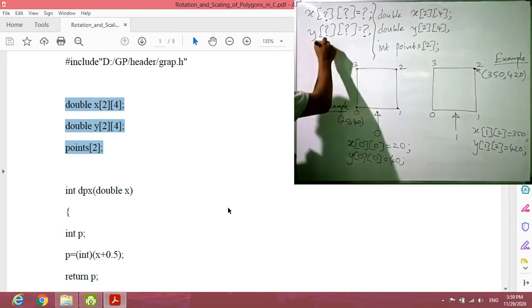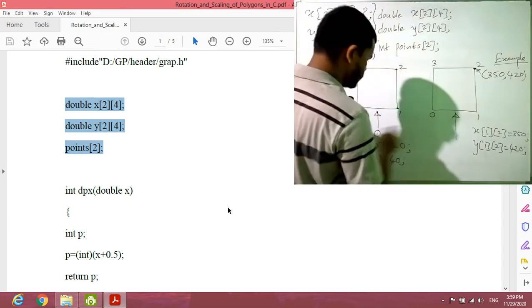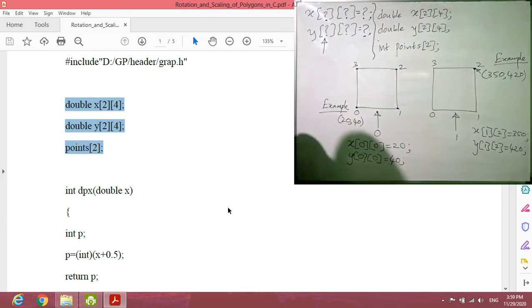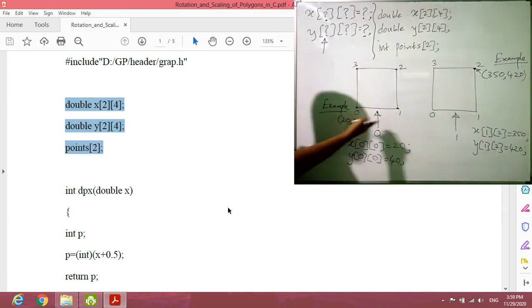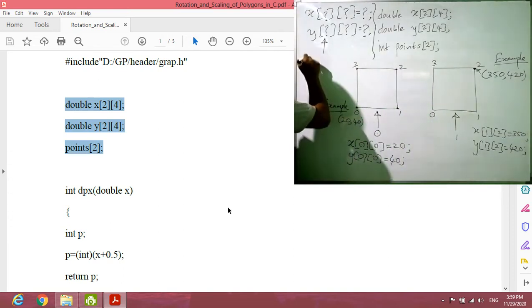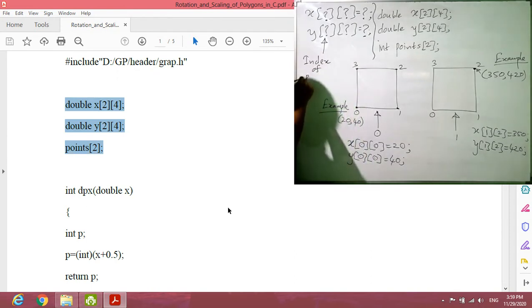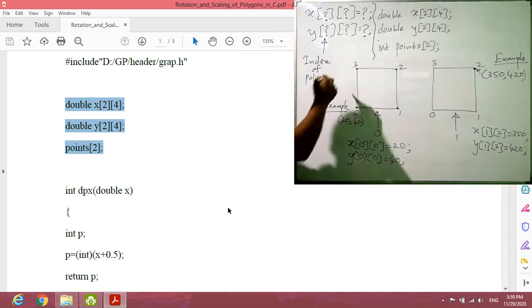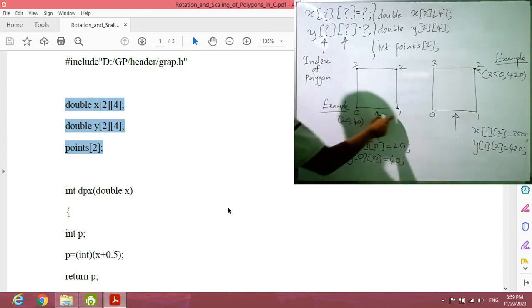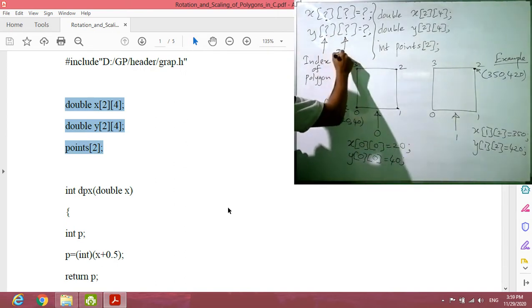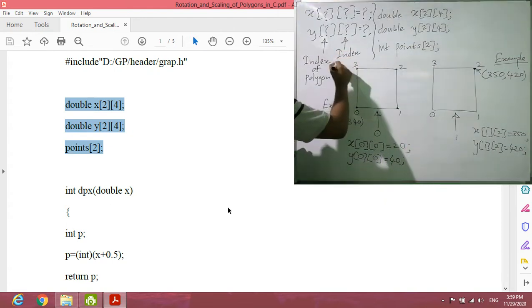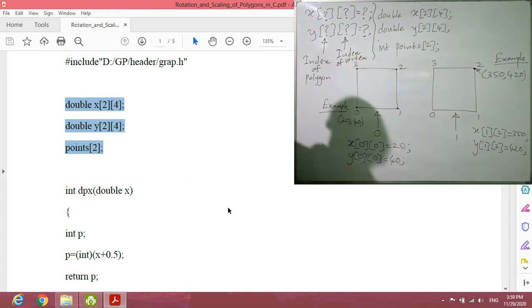Now here what we include, these numbers, is the index of the polygon, and here we include this one, this one, or something like that, the index of the vertex.